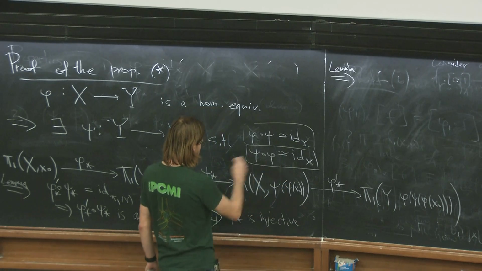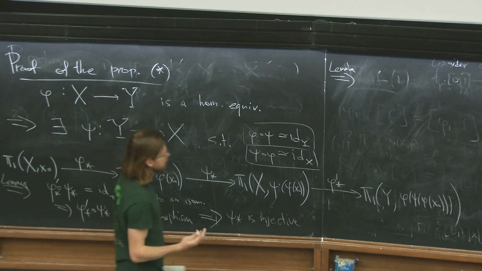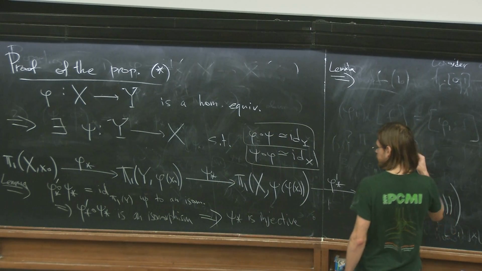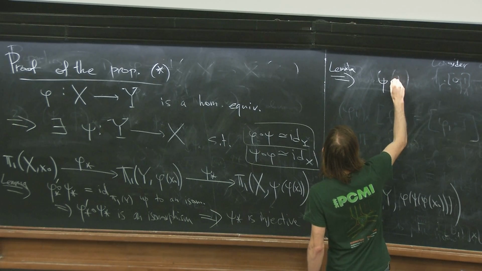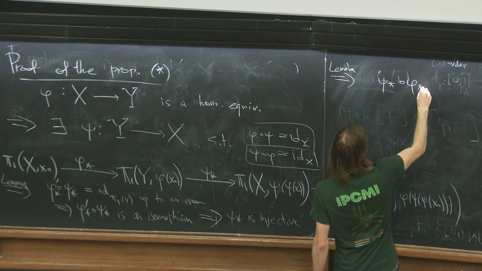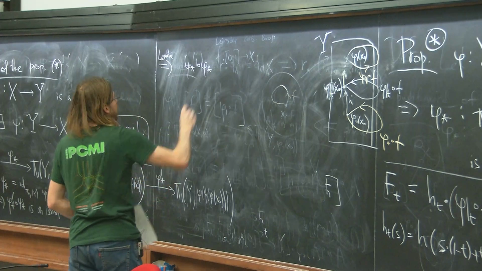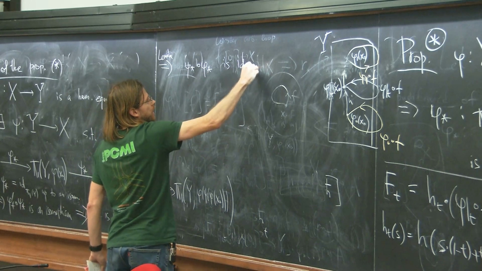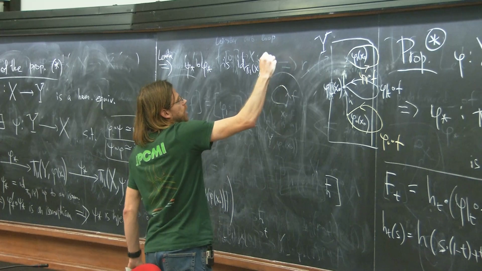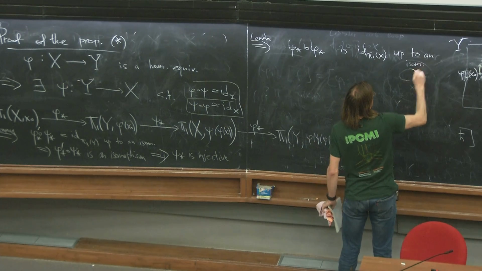This means that their push forwards are the same up to an isomorphism, meaning that psi star composed with phi star is identity on phi 1 of x up to an isomorphism.